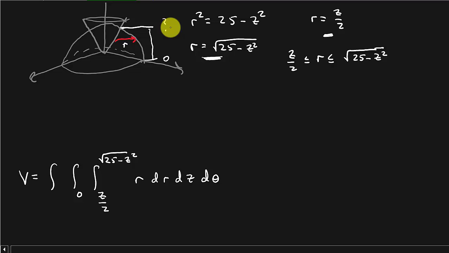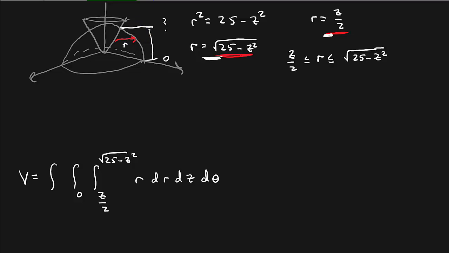So how are we going to go about finding that? Well, that's where the cone and the sphere intersect. So we could set this equal to this and solve for z. That'll give us the z value where they intersect.